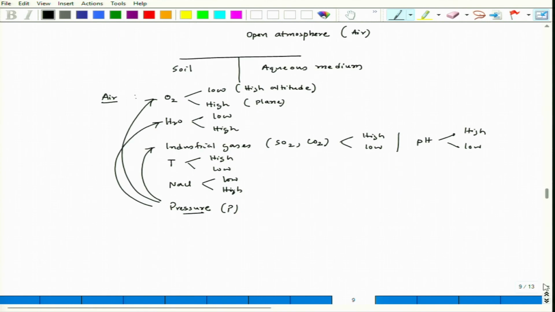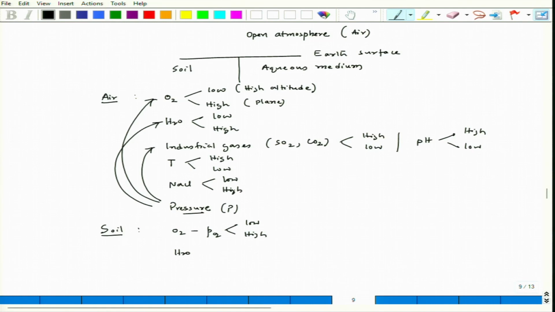Now, then we can think of soil. The soil means it is below the earth surface. If we say this is the earth surface, the soil again could have low or high oxygen, and at that time we can mention the partial pressure of oxygen, it could be low or high.